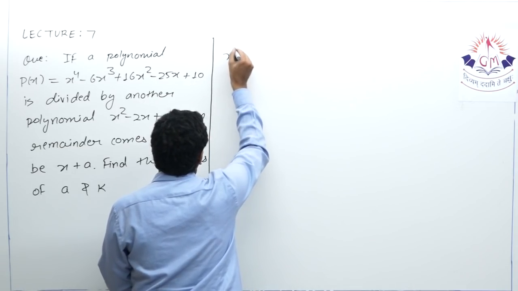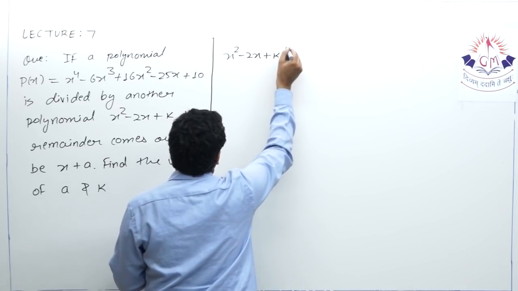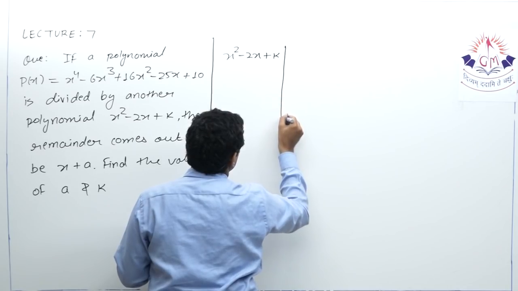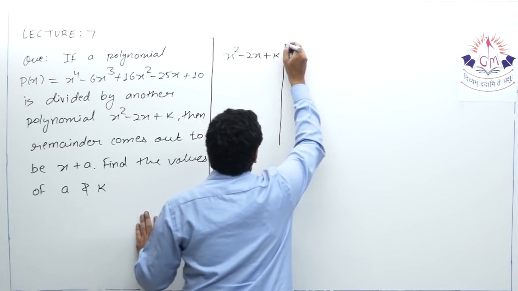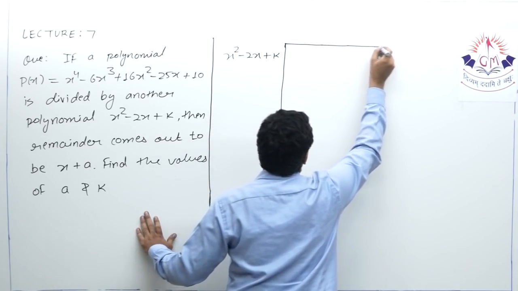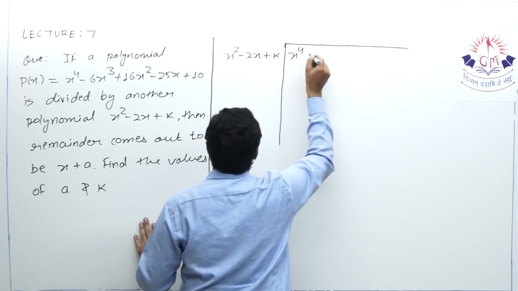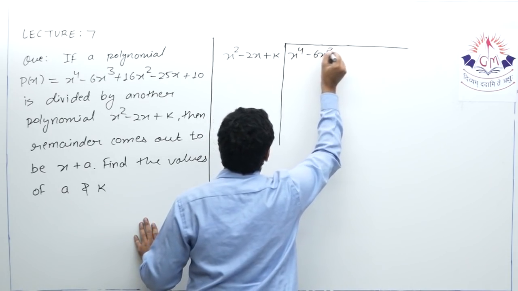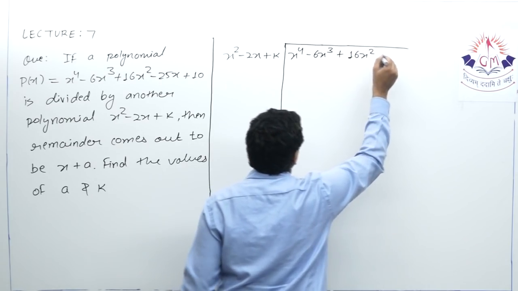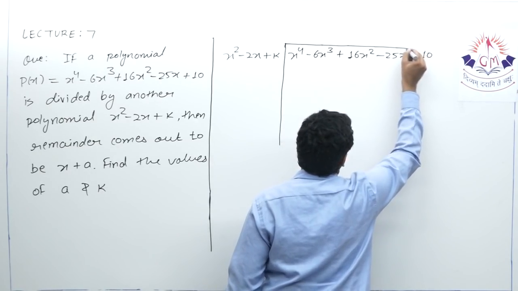So here x square minus 2x plus k, and over here we have x raised to 4 minus 6x cube plus 16x square minus 25x plus 10.